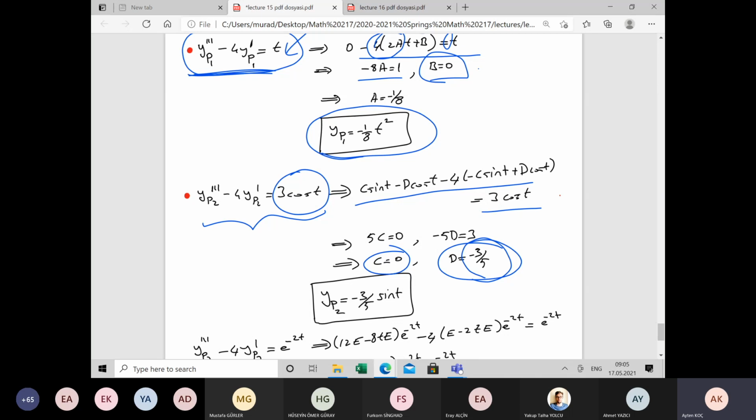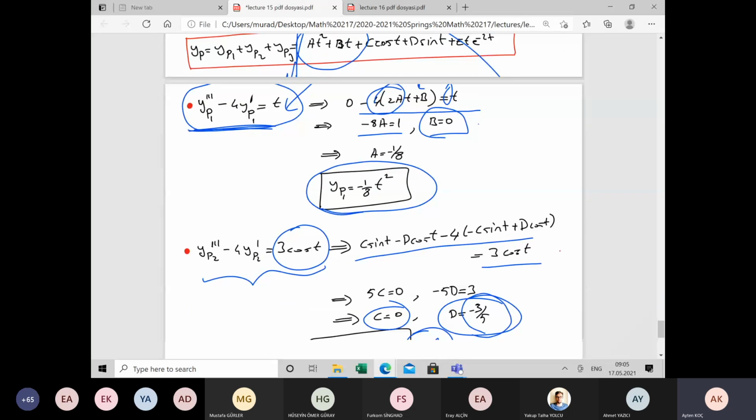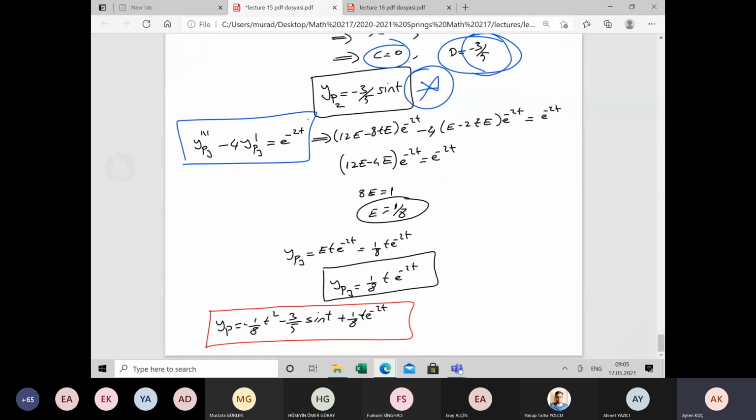For the last differential equation, the particular solution should be this form. Take all derivatives and substitute, and we obtain this equality. Compare the coefficients, and this one should be 1 here, so we obtain the value of a.